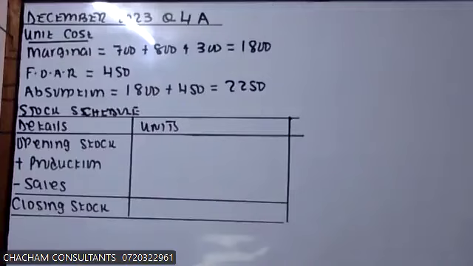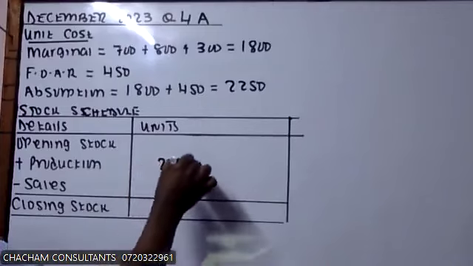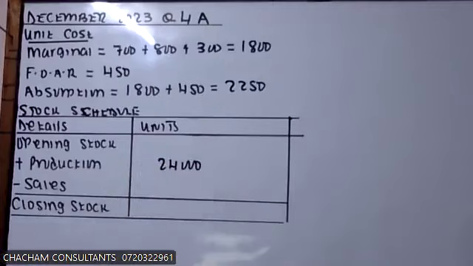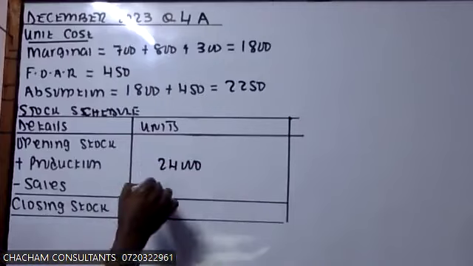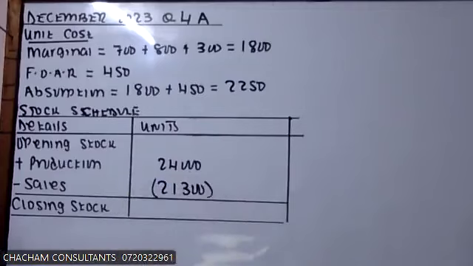We are told by information 2, production was 24,000 and sales were 21,300.